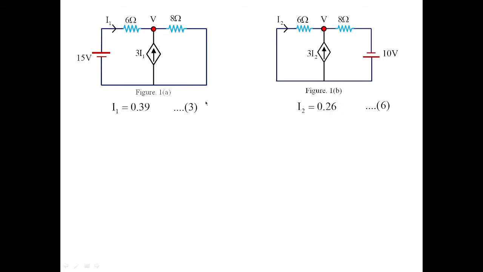Now we have to take the complete result. So I is equal to I1 plus I2. We are making use of the superposition theorem to get the final answer. So I you are going to see here as 0.65 amperes. This is the value of current obtained using the superposition theorem. How do we know whether the approach we have followed is right or wrong?